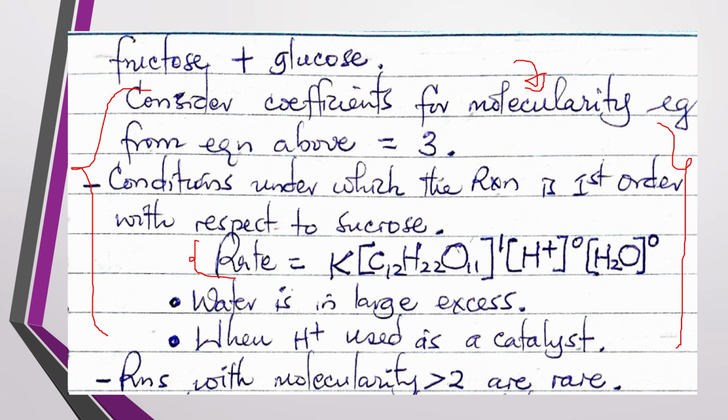So understand how to distinguish molecularity from orders of reaction and overall order of a reaction. We do not include catalysts in the rate equation, so take note of that. That's why they're having power 0, because we don't include catalysts or conditions in the rate equations. So that should be well noted.